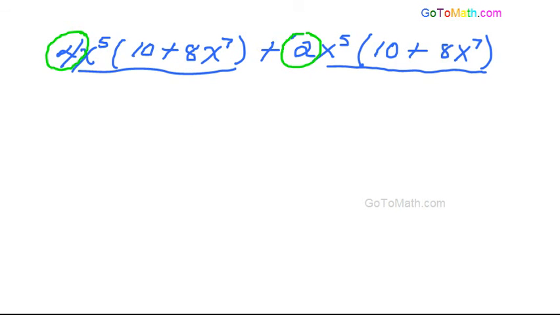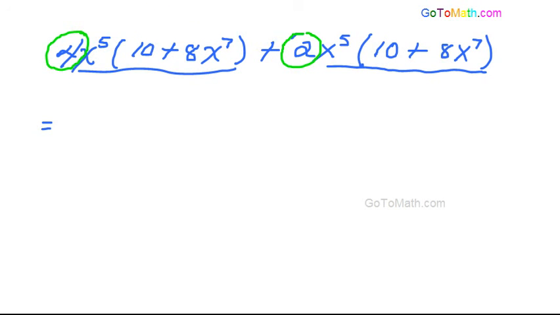But instead of distributing this across inside and doing the same thing over here, what we can actually do is just add these coefficients together and join these two together.